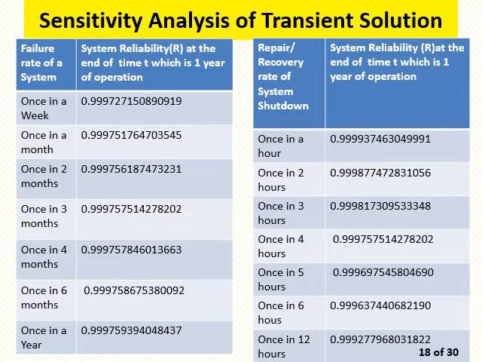This is also called a sensitivity analysis. We can see that the impact on system reliability with changes in the failure rate of a system is less than the impact with changes in the recovery rate of system shutdown.